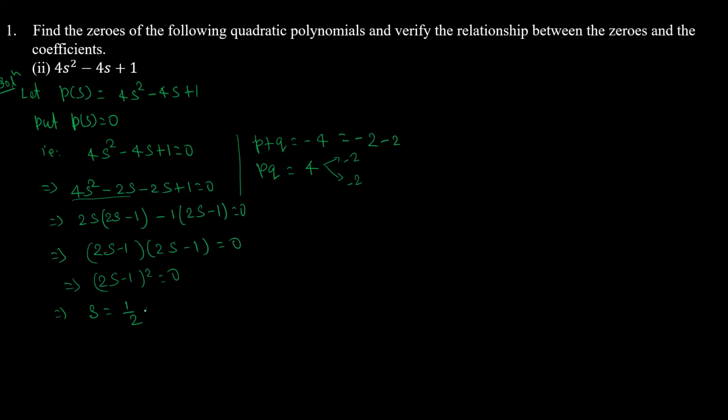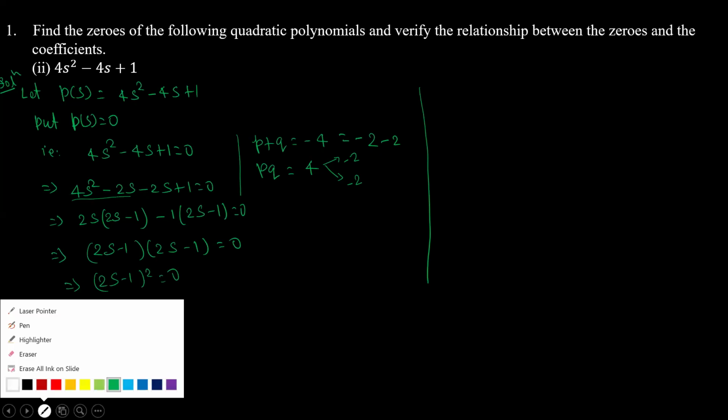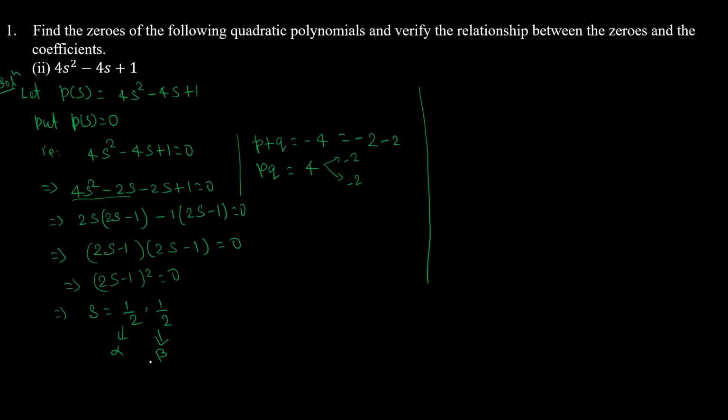So we'll have for the both 1 by 2. So this is going to be the alpha, this is going to be the beta. Okay. So 1 zeros क्या है, 1 0 alpha और दूसरा 0 क्या है, beta. Both are here 1 by 2. Okay. So alpha is also 1 by 2 and beta is also 1 by 2.